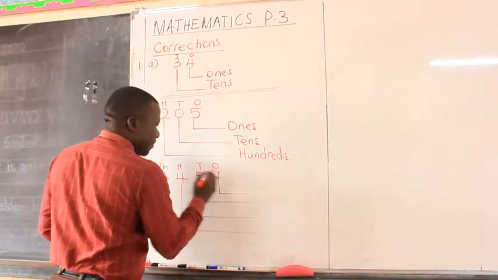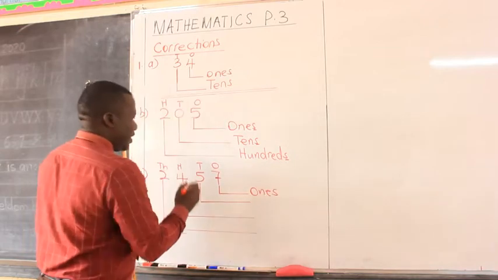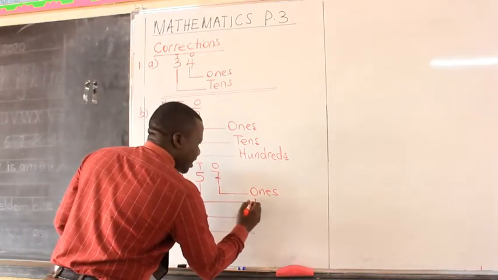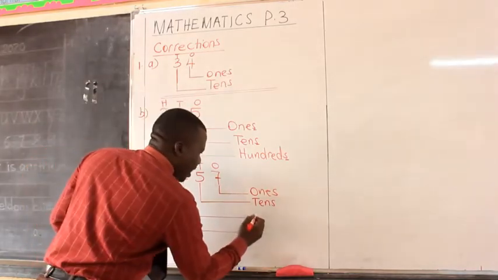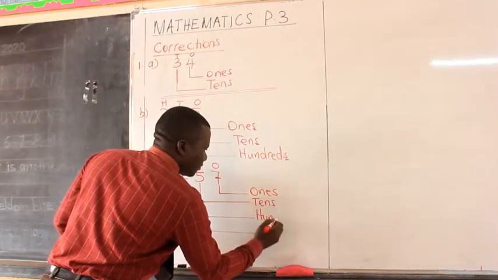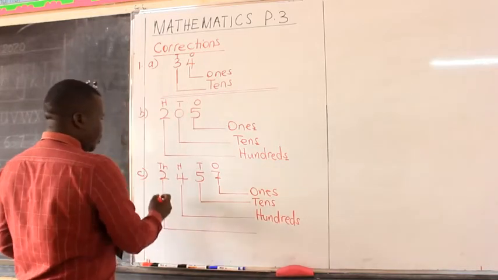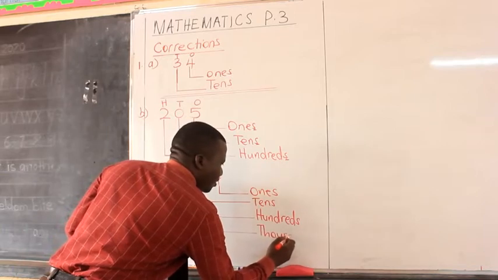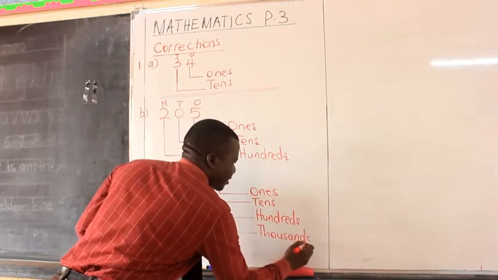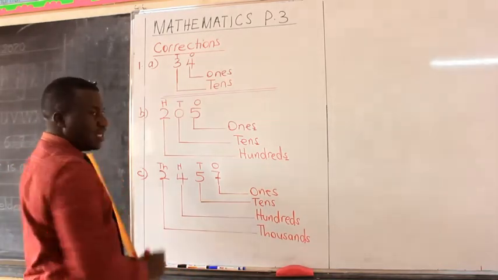So 7 is placed under ones. 5 is placed under tens. 4 is placed under hundreds. And then 2 is placed under thousands. So that is part C.